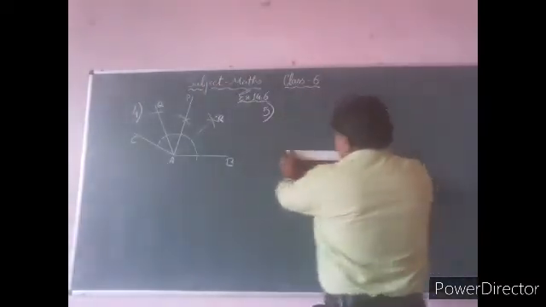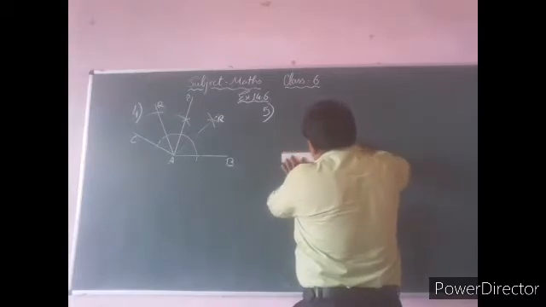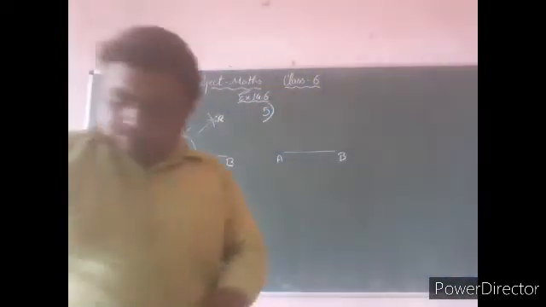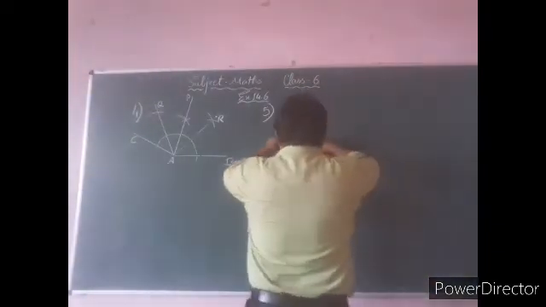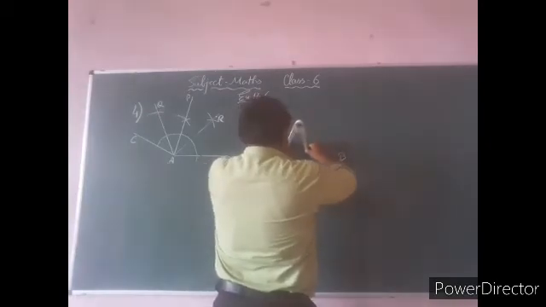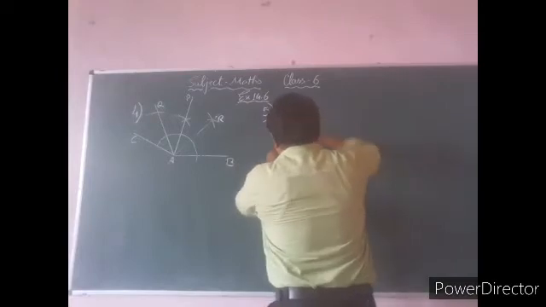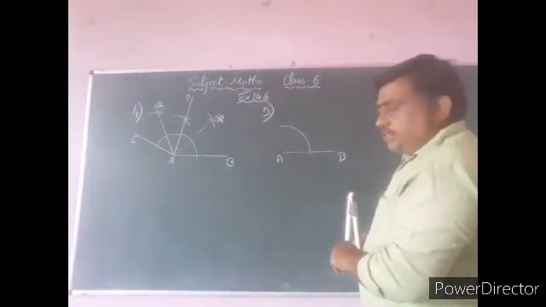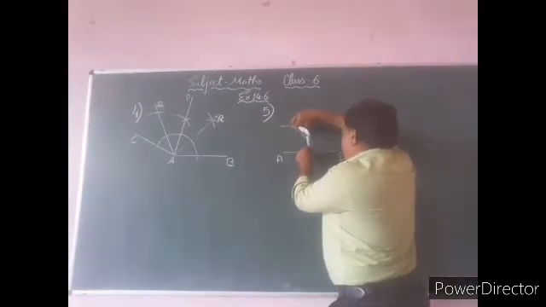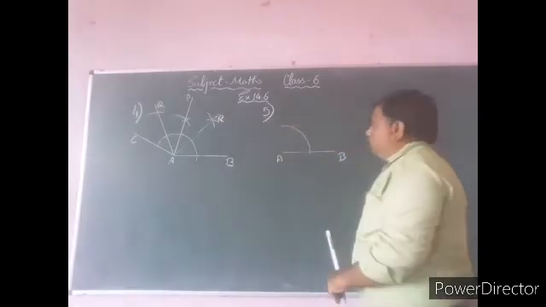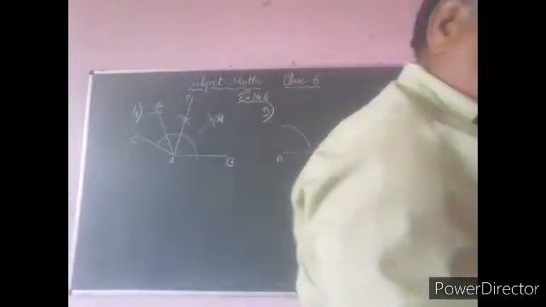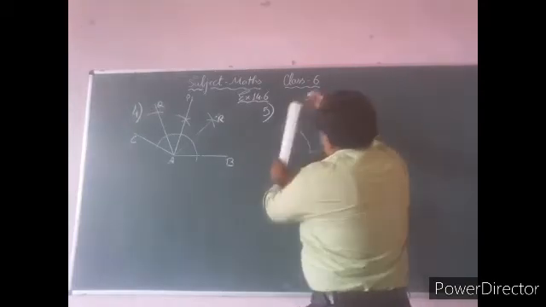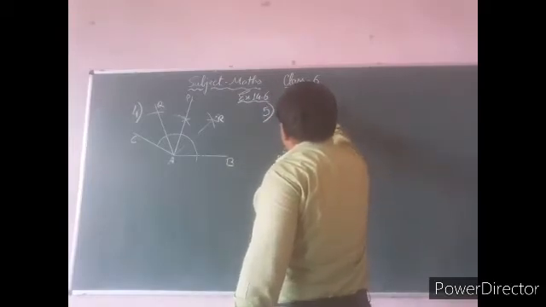Make a line A, B. Mark an arc of any radius with center A. And of the same radius from here, mark an arc. This is 60 degree.